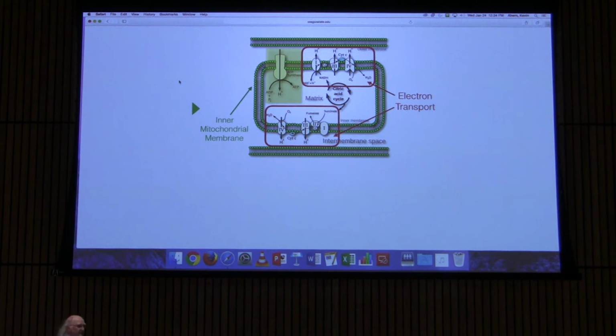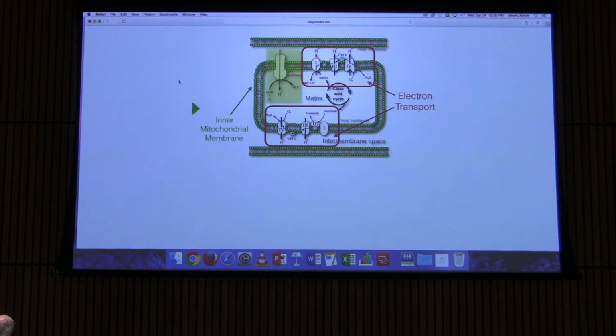Complex 1 donates electrons to something that's also embedded in the mitochondrial inner membrane, a little tiny molecule called coenzyme Q. Coenzyme Q turns out to be an interesting and important molecule. Electrons donated to complex 1 are donated in pairs. They always come as 2.